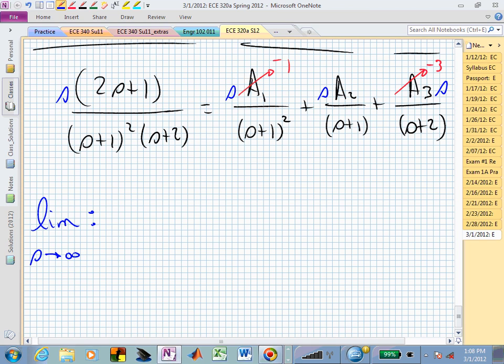You're looking at the highest power of s in the numerator and the denominator. In the numerator, what's your highest power of s? You have s times 2s, so you're going to have an s squared term upstairs. What do you have downstairs? S cubed. So now you have s squared over s cubed. That looks like 1 over s. What's that going to do as s goes to infinity?